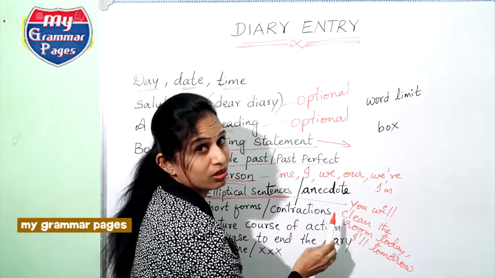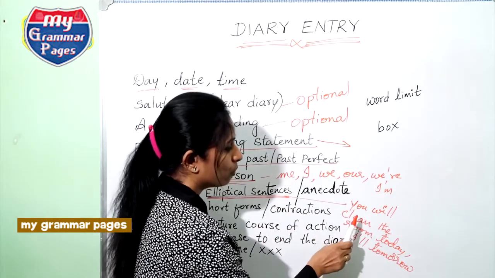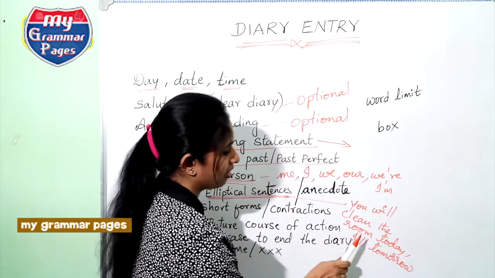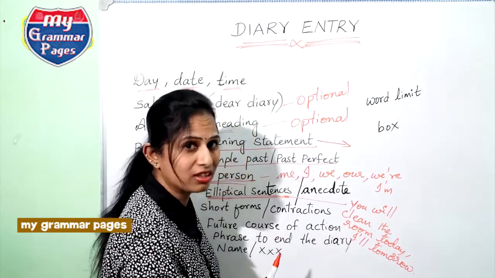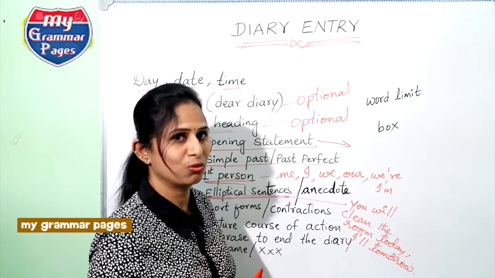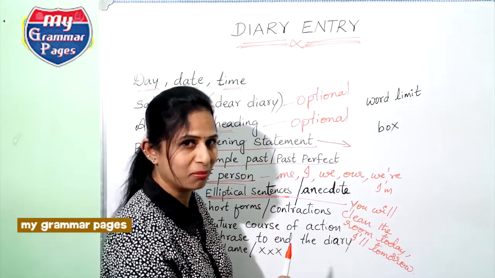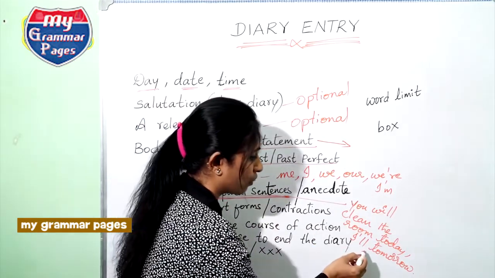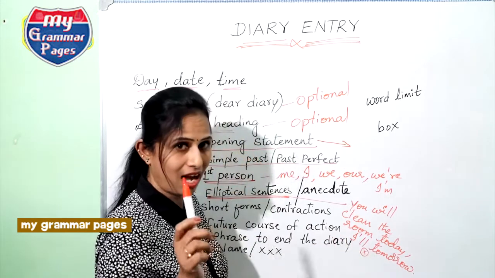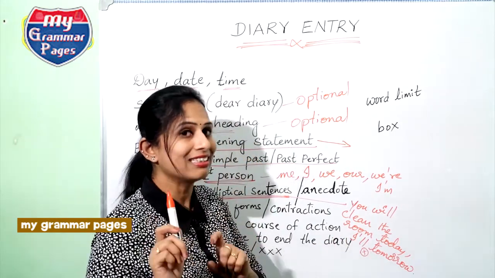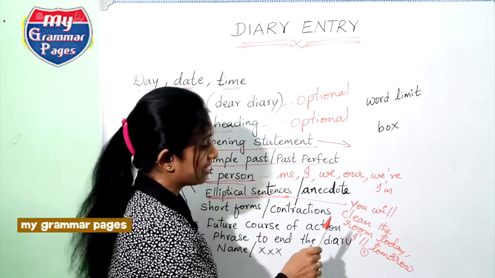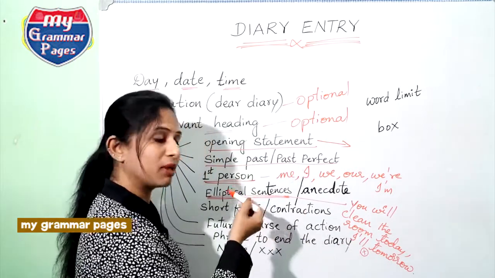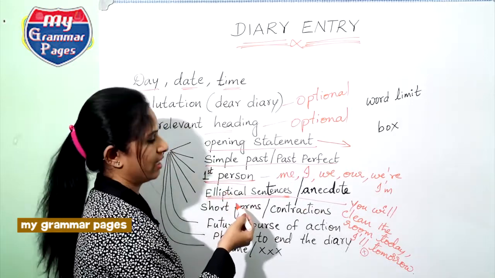Just go through the words very carefully. You will clean the room today. I will tomorrow. In this sentence, I didn't mention I will clean the room tomorrow. The meaning is the same, but I have omitted a few of the words. They are clean the room. So, have you observed? The meaning is not changed. Such kind of sentences also can be used in your diary entry.